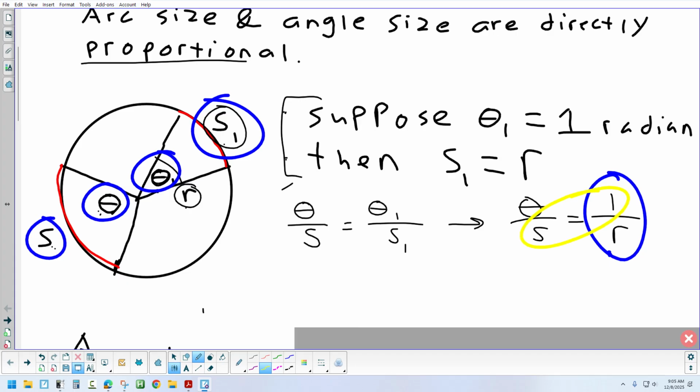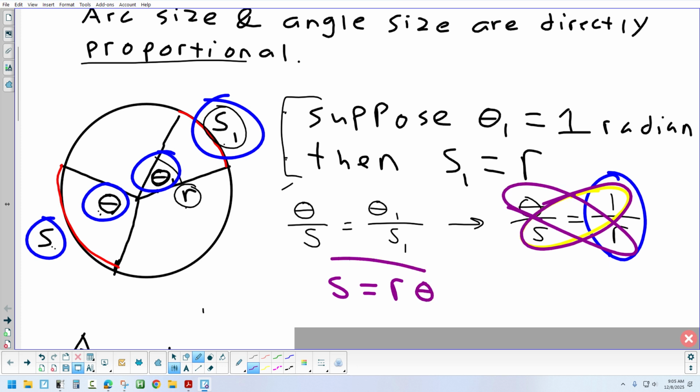So you're going to do S times 1, and then you're going to do R times theta. And there you go. So that's an equation for finding the length of an arc in a circle, as long as you know the radius of your circle.